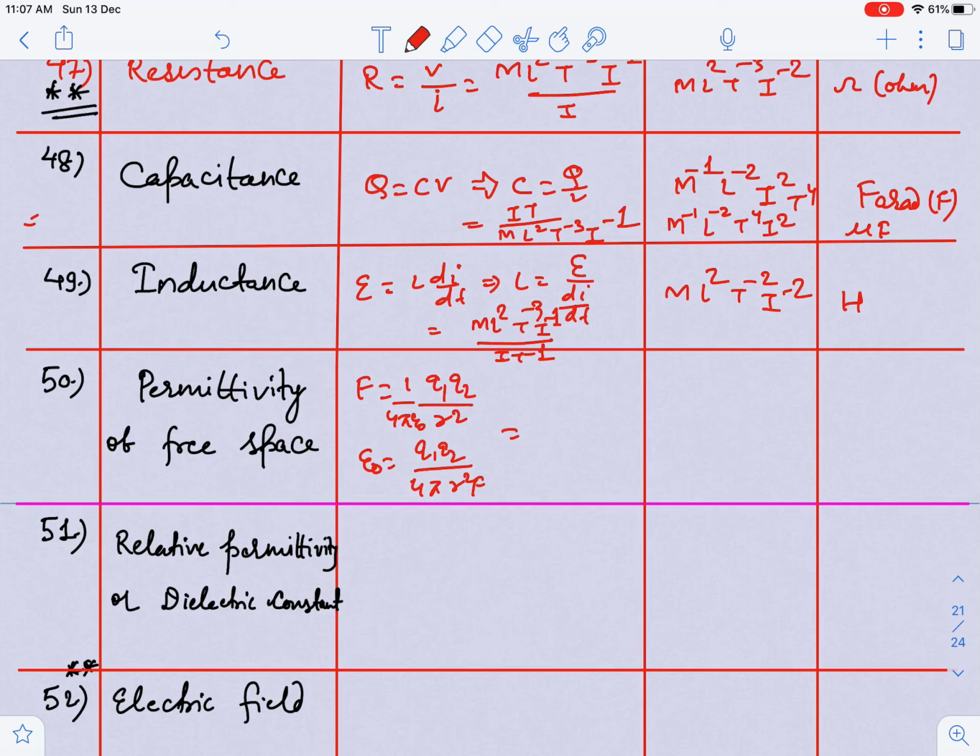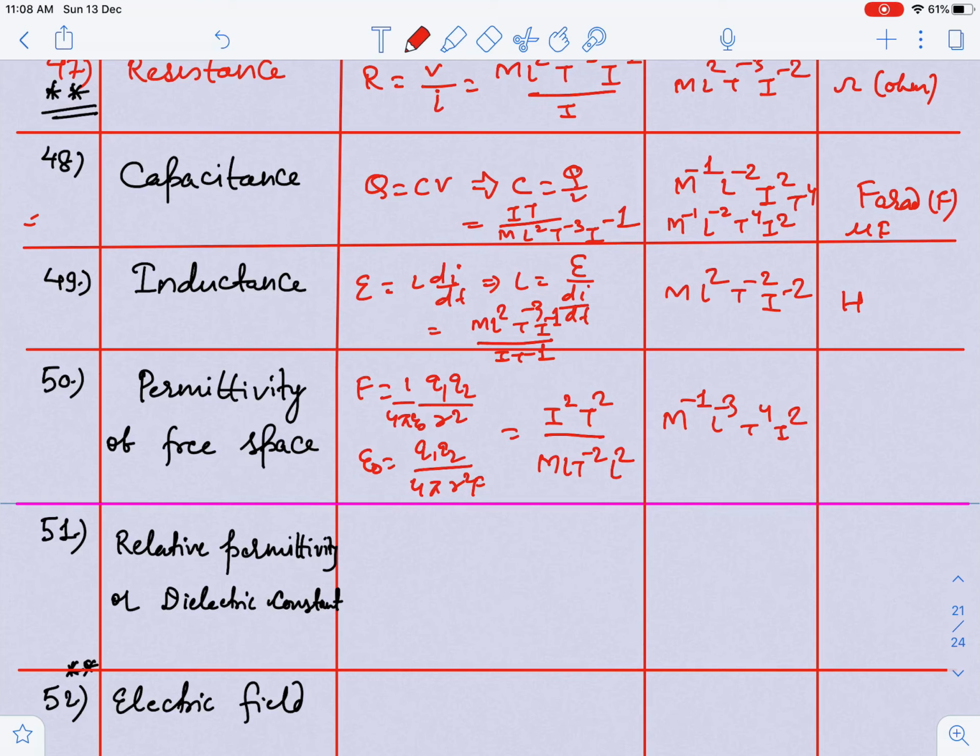Now, guys, I can write this as I into T squared, charge is I into T, divided by MLT⁻², which is force, and R square is L square. So this is M⁻¹ L⁻³, because L cube, T to the power 4 I to the power 2.